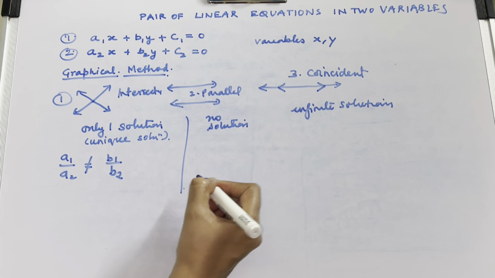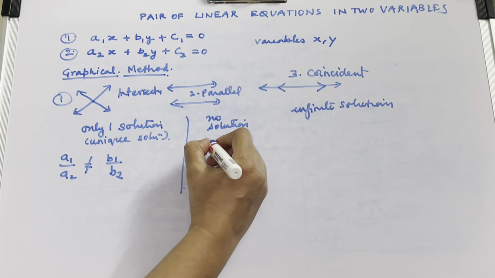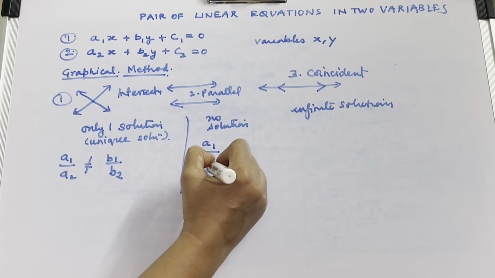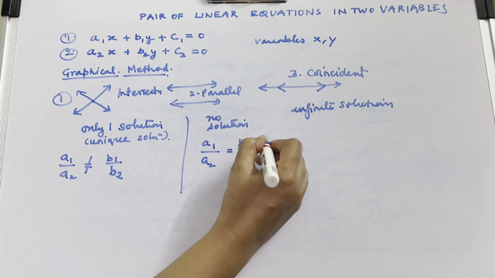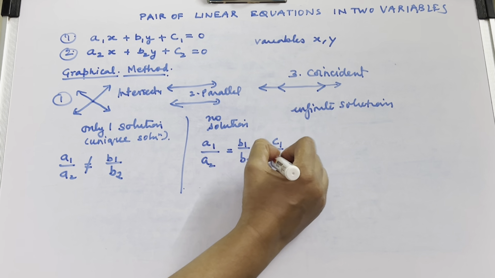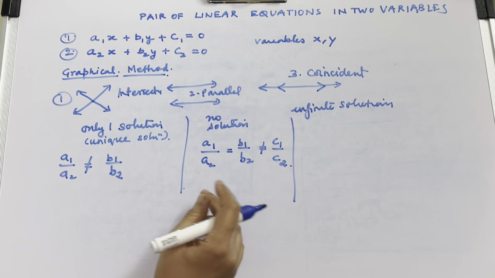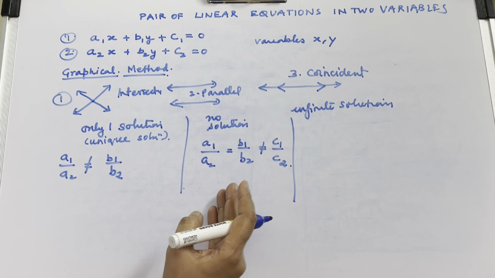Now, the second case, that is parallel lines. If the lines are parallel, then a1 upon a2 will be equal to b1 upon b2, but will not be equal to c1 upon c2. This is the relationship between the coefficients of parallel lines.